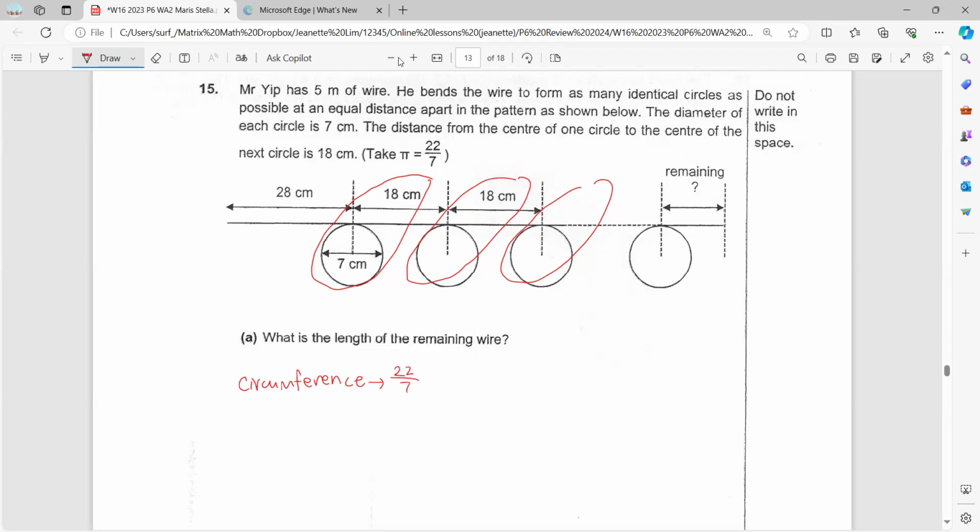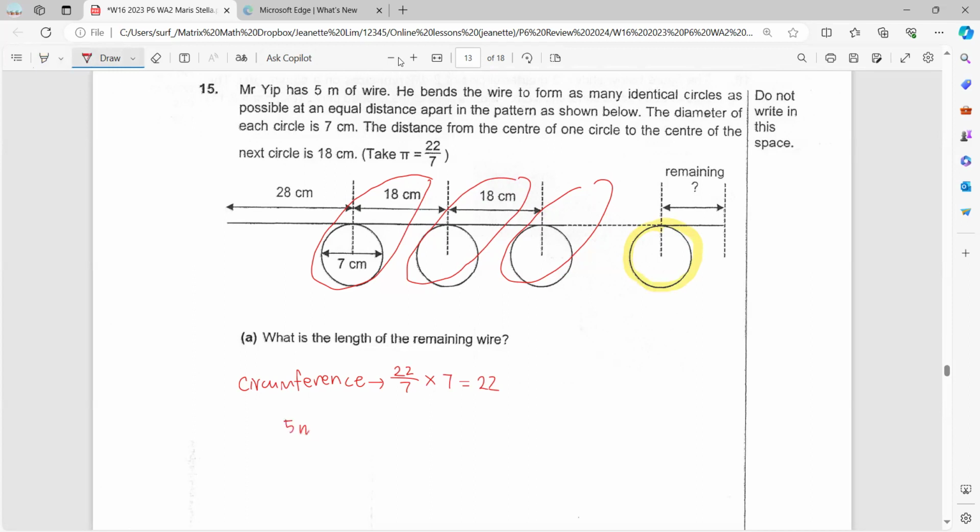So 22 over 7 times the diameter, which is 7. This is 22 cm. So this last circle here is 22 cm.